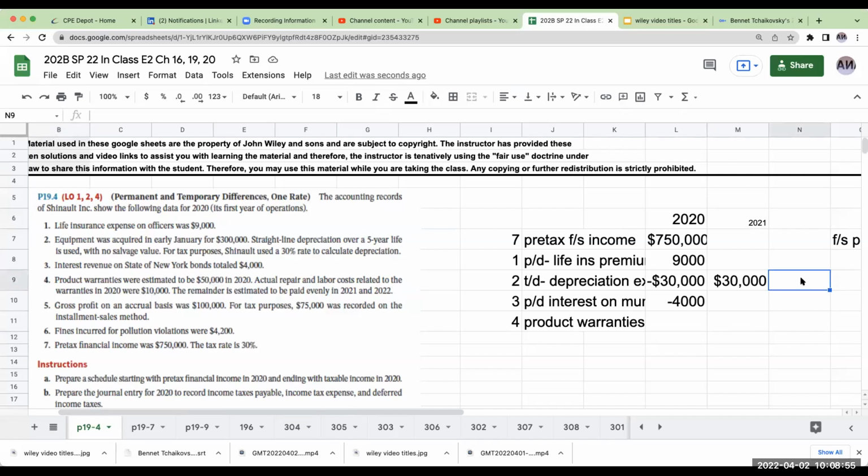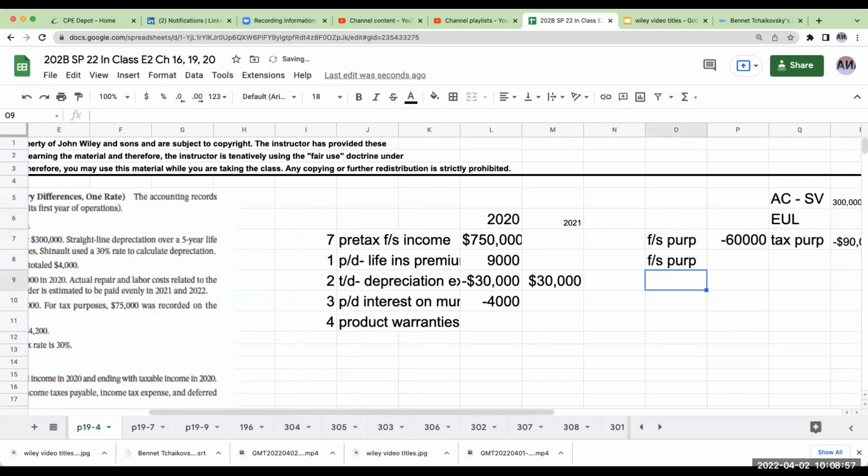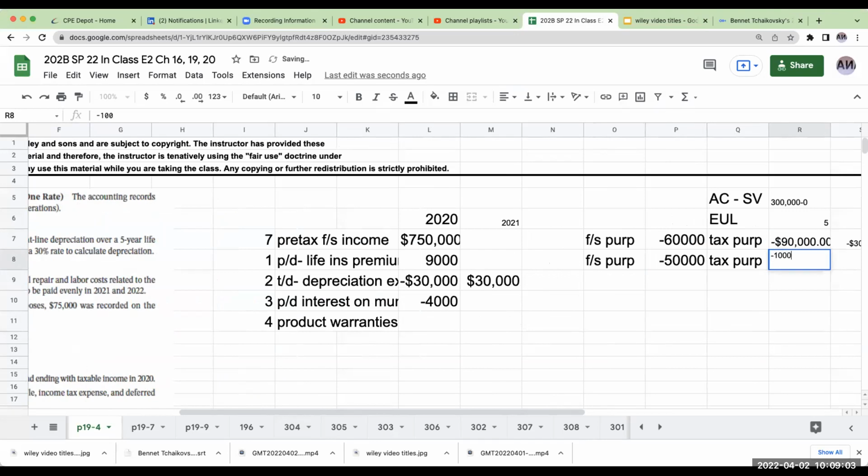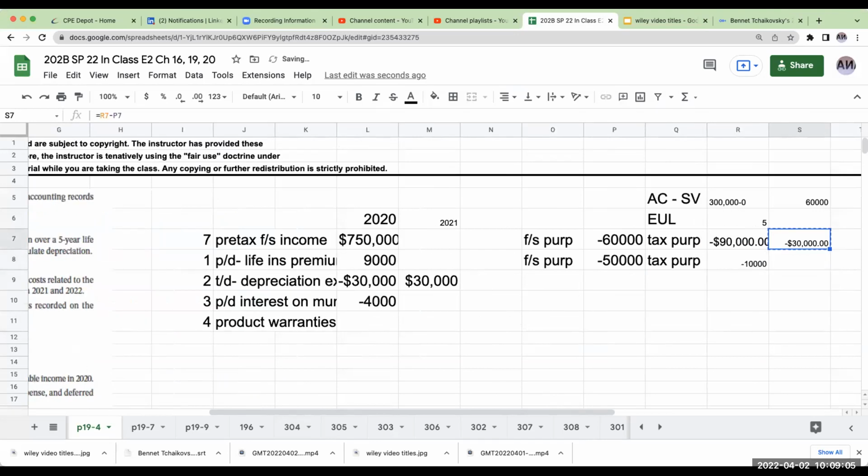So for tax purposes, I'm only taking a deduction of 10,000. This is going to be an add back to my net financial statement income. I took 50,000 off to get to the 750, but for tax purposes I'm only allowed 10,000, so I have to add back $40,000.